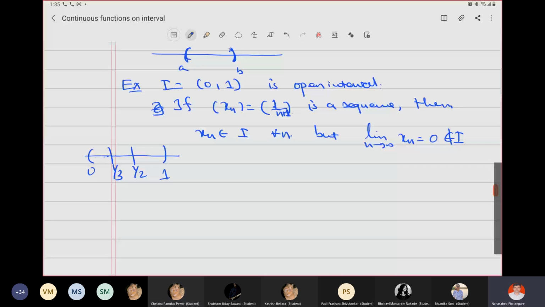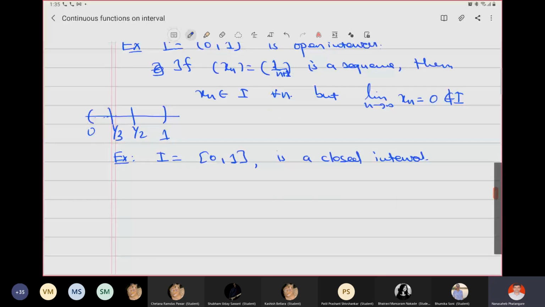Fine. So now if I look at interval 0 to 1, it is a closed interval. What do you mean by closed interval? Have you heard this word? This is a closed interval. This is an open interval. So why is this interval closed?